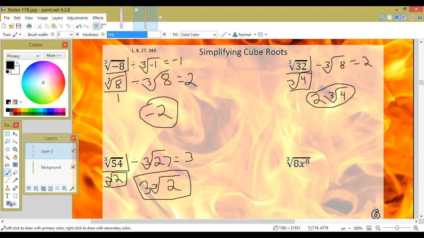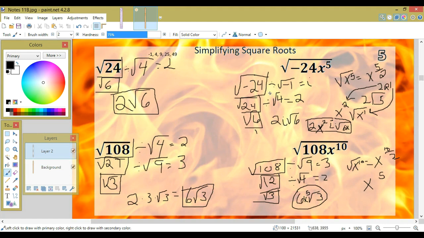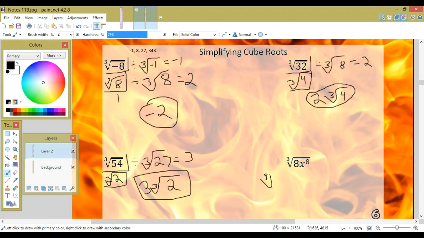Cube root of 8x to the 8th power. So just like on the previous page, we're going to separate the number and the variable. So we have cube root of 8, which we already know is just 2. And we have the cube root of x to the 8th, which we're going to change into an exponent, x to the 8 over 3.